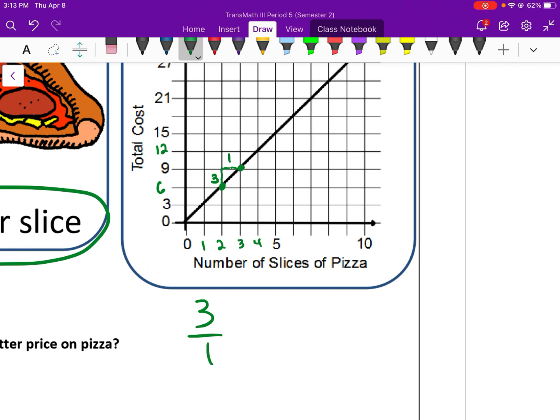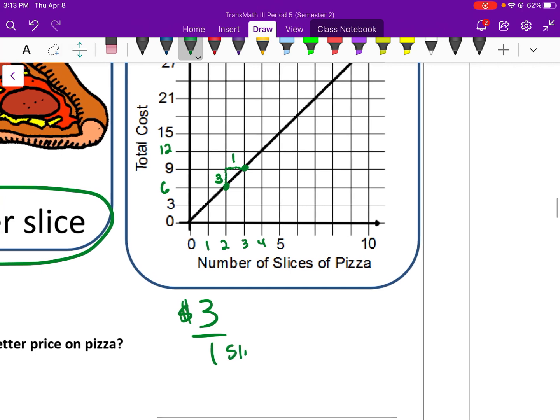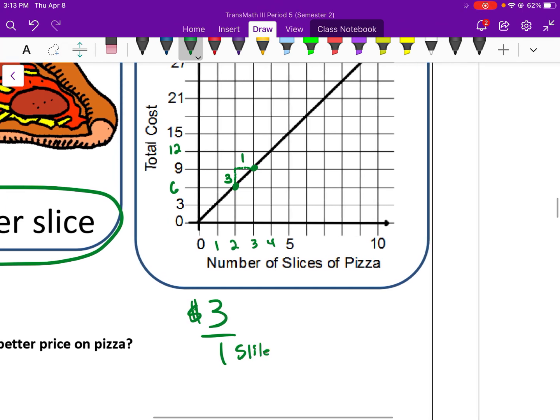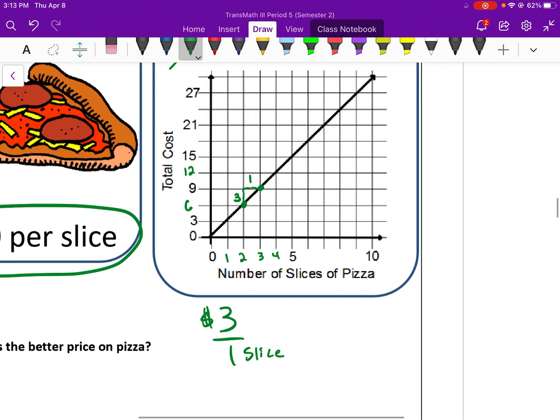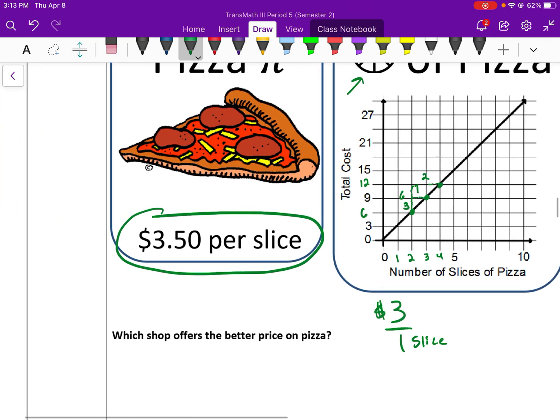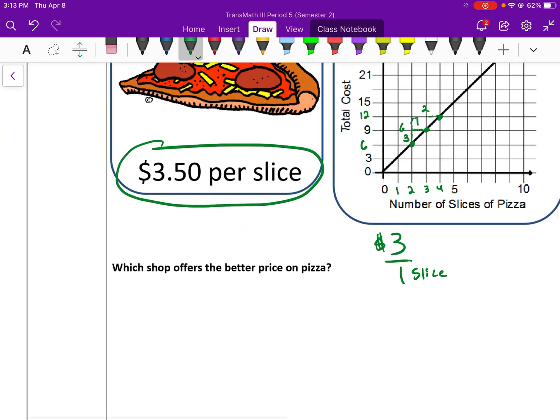Vertically, we're talking cost, so that's dollars, and this is 1 slice. With those 2 points that we picked, we actually got the unit price right off the bat. If you were to use the other one, it's 6 over 2, and you'd simplify that, still getting 3 over 1.